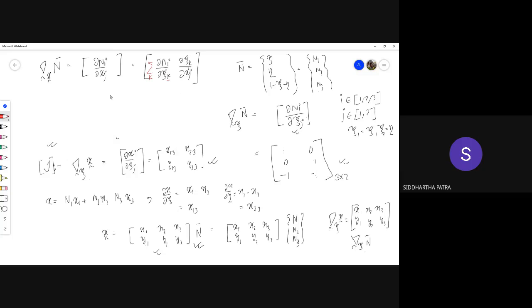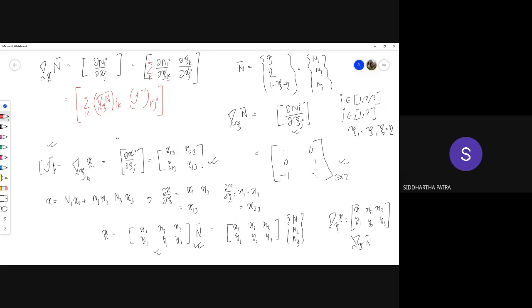Now this basically means what I'm trying to do here: summation over k, gradient of N bar with respect to ξ. For that I'm taking the ik-th term, multiplying that with the kj term of the inverse of the Jacobian.